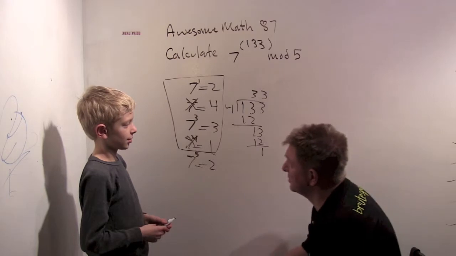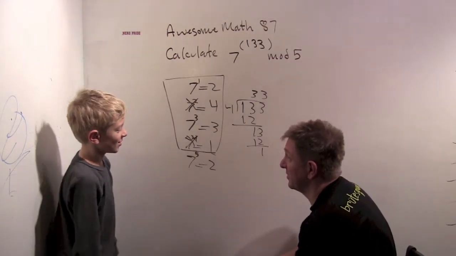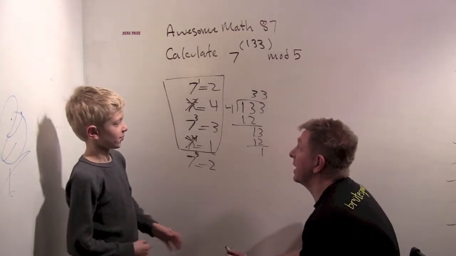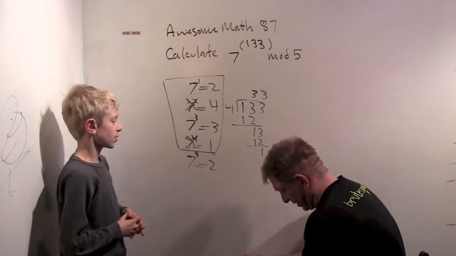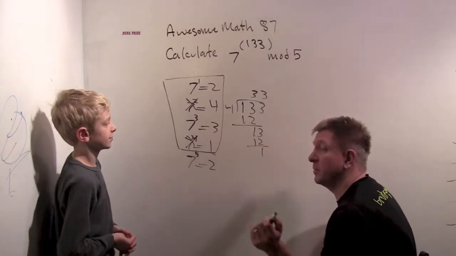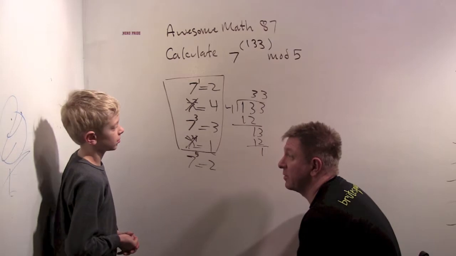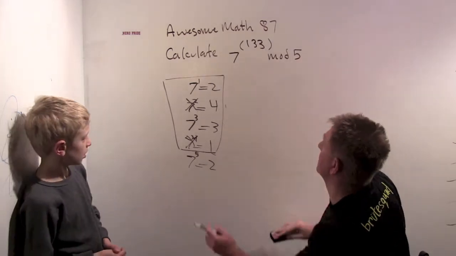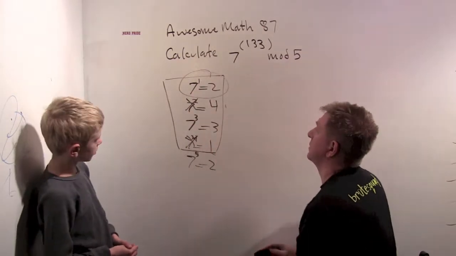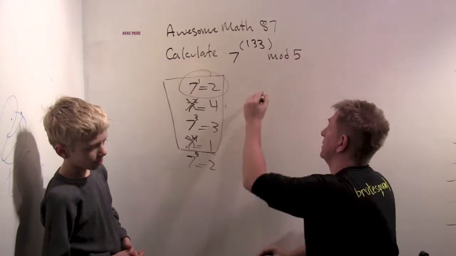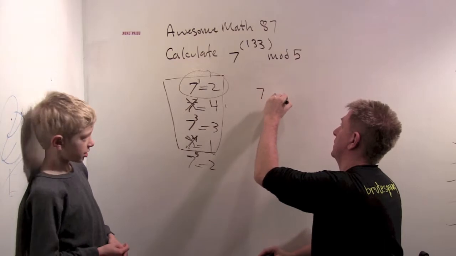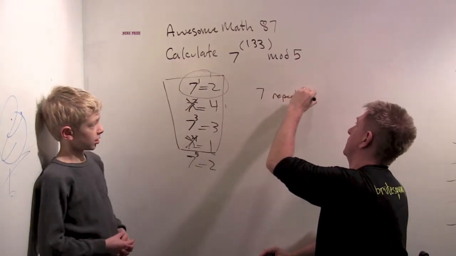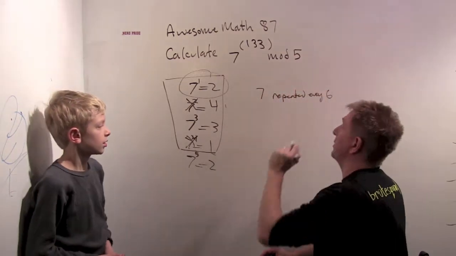Interesting. Are you sure you didn't know what 7 to the 133 was? No. Okay. Now, this is a pretty interesting coincidence because the problem we were working on from the book was powers of 7. Do you remember how often the powers of 7 repeated? I think the powers of 7 repeat every 6.